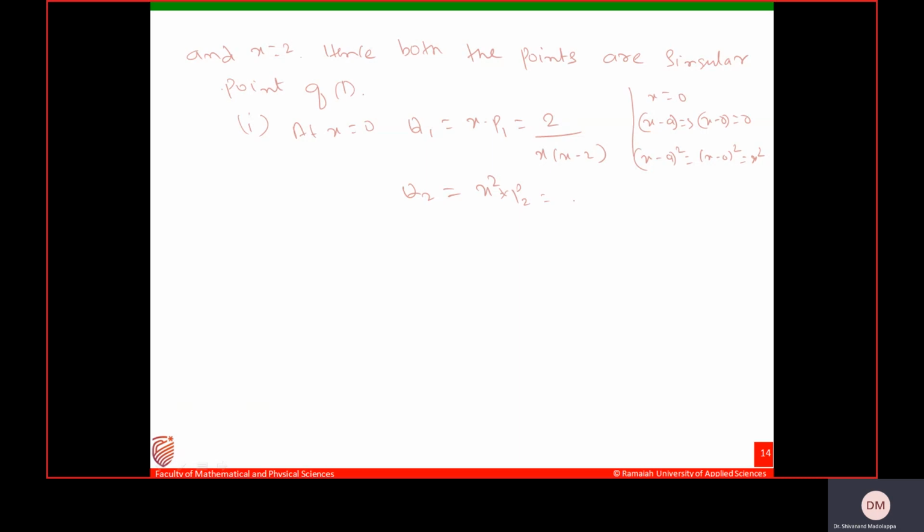This can be written as x plus 3 divided by x minus 2 whole square.